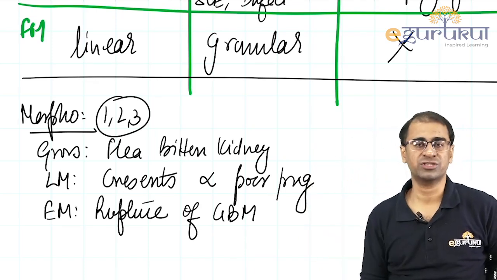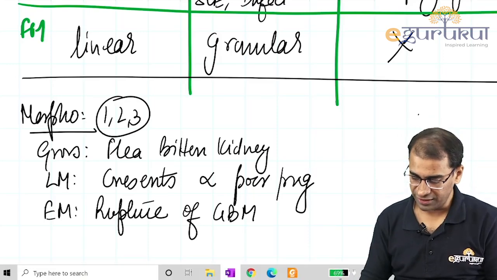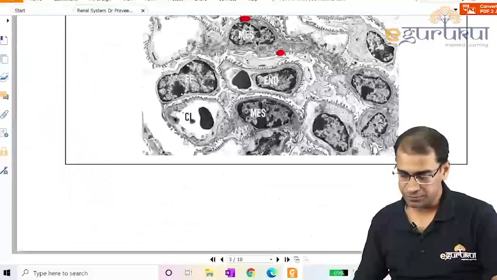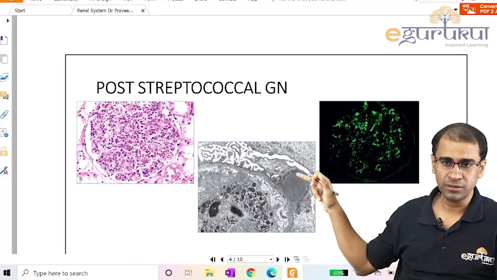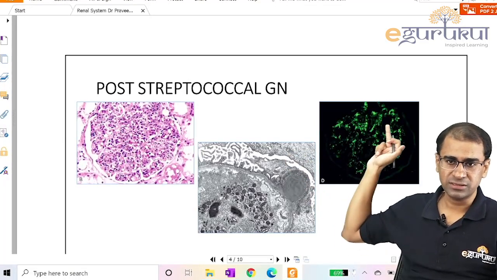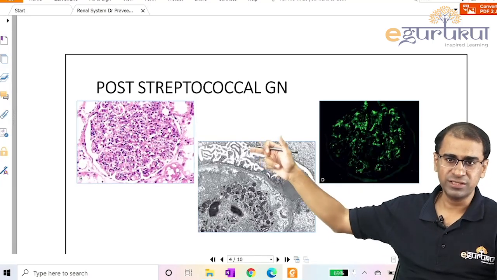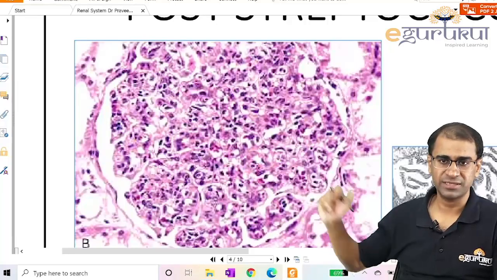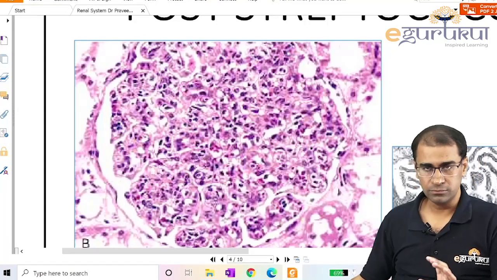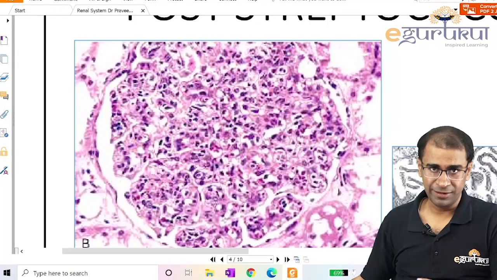These are the 3 things that you must remember in RPGN. Let's see the findings. This is the PSGN image. Look at the hump here. There is a starry sky appearance in the FM finding, and you see neutrophil infiltration both in the capillaries and outside the capillaries, hence the name endo and exo capillary proliferation.